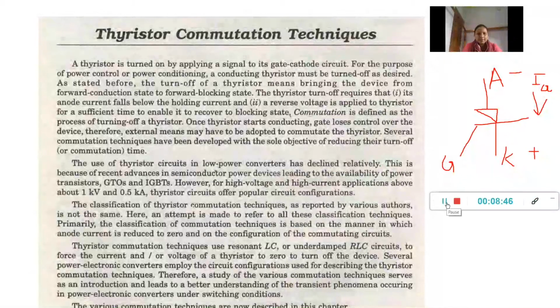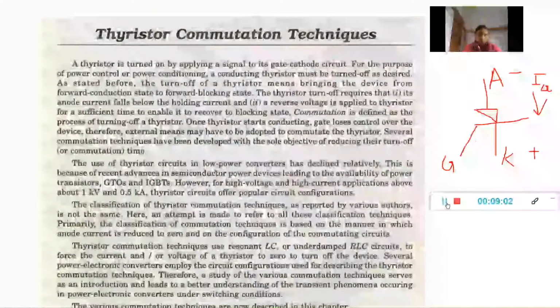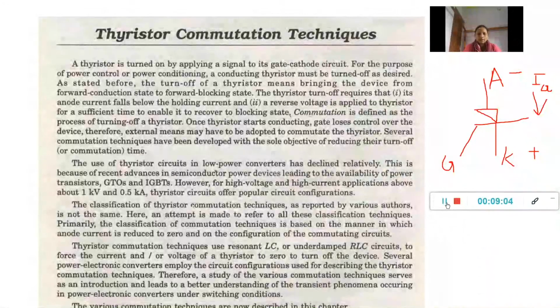Okay, so in recent days for high voltage and high current applications, thyristor circuit configurations are used rather than the low power configuration circuits. The classification of thyristor commutation techniques, which we will discuss after some time, those are actually the thyristor commutation techniques.